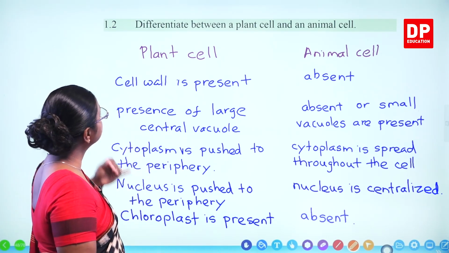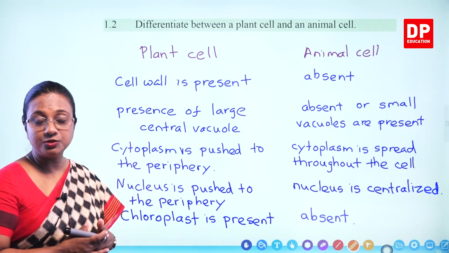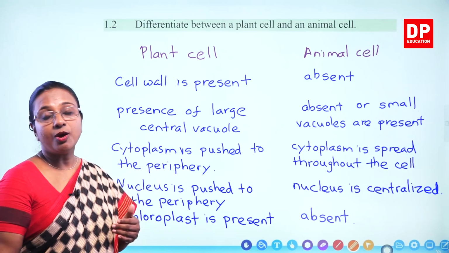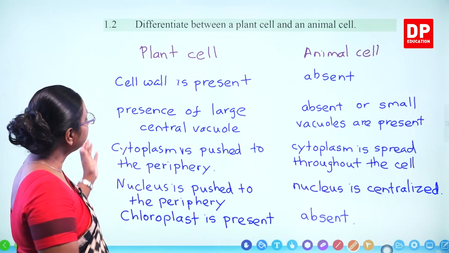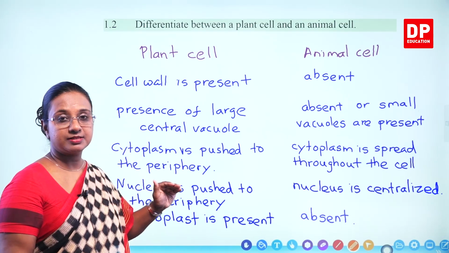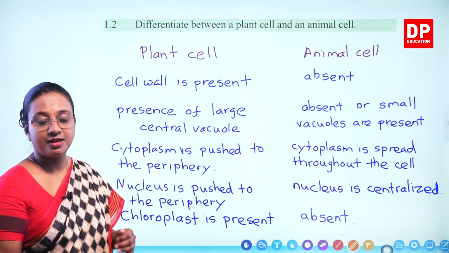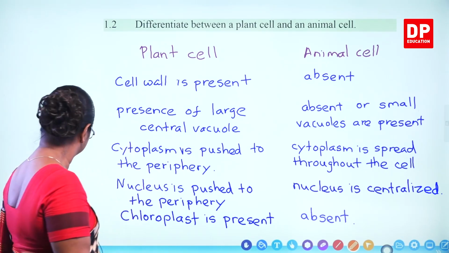Maybe from the presence and absence of a cell wall, you differentiated the two cells. Then you can write that. So, depending on the question, you have to write the answer. And if they ask for two differences, then you can write any two differences. With that, we will move on to the next question.